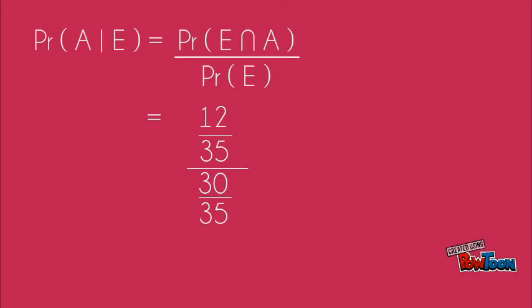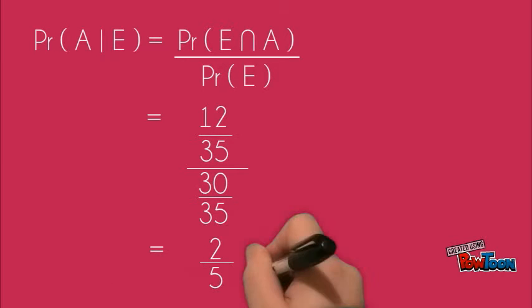According to our formula for conditional probability, we need to divide these probabilities. Here we go. So if we put this into a calculator, we find that the answer is 2/5. Hence, the probability that a person has visited South America, given that they have visited Europe, is 2/5.